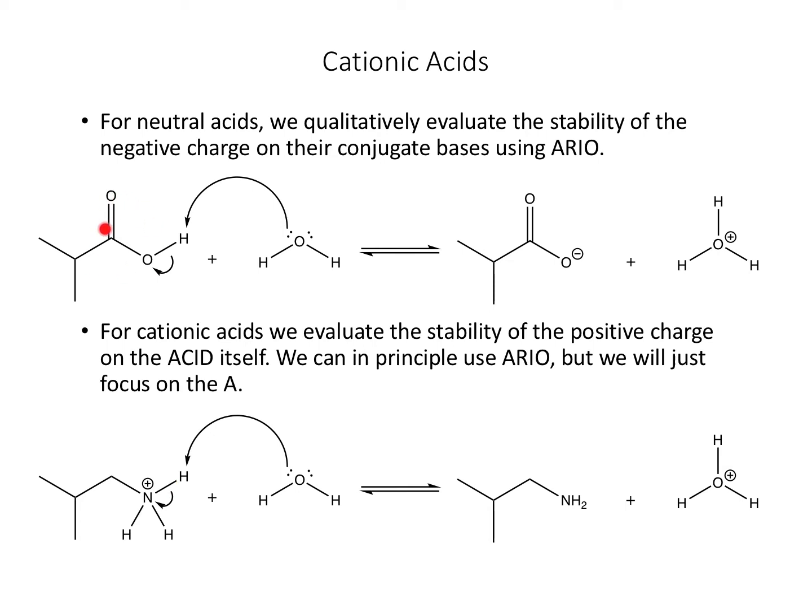For neutral acids, when we do this qualitatively, we're looking at the conjugate base. For cationic acids, we're going to apply ARIO to the acid itself, although we're not going to get into resonance, induction and orbitals. It can get kind of complicated for these cationic acids. We're just going to focus on A, the atom type. So what atom has the positive charge in our cationic acids?